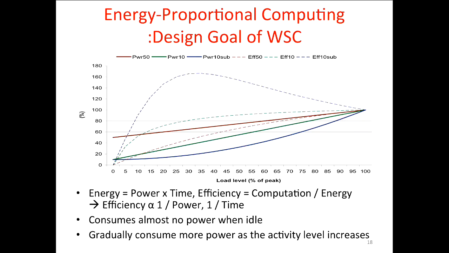Here, the brown line shows typical power consumption of servers. As you can see, it decreases linearly as the utilization goes down, right?